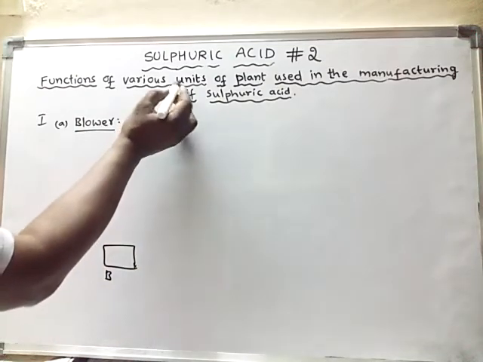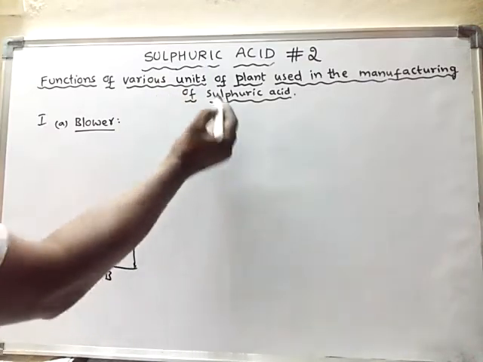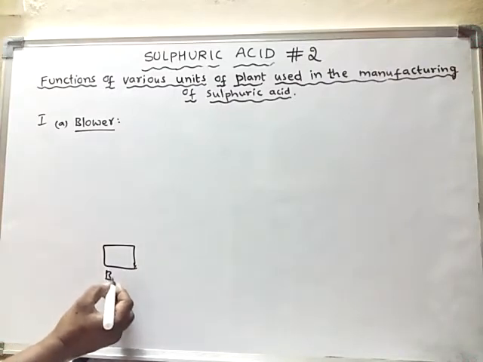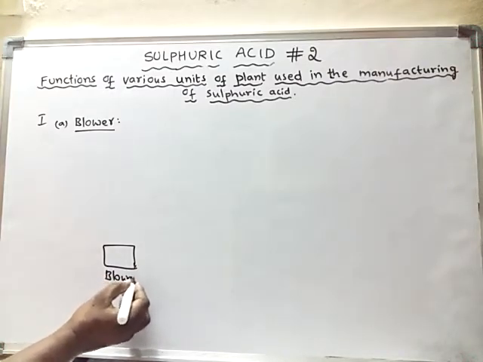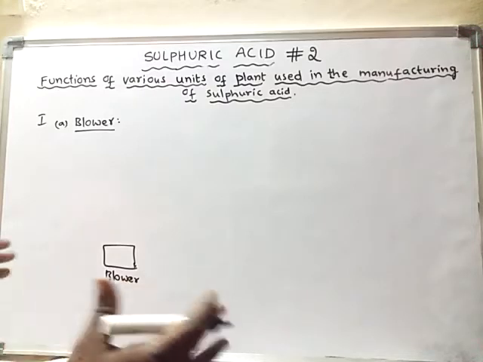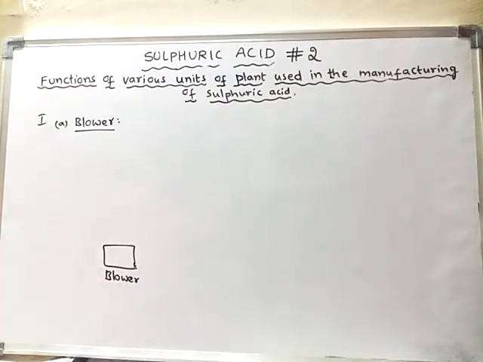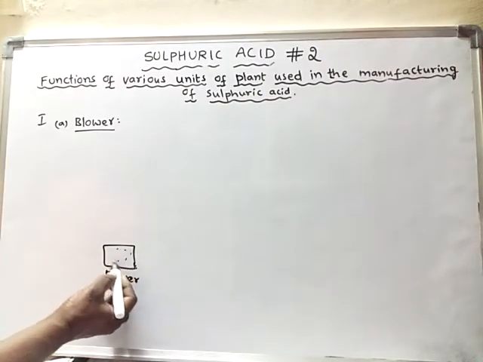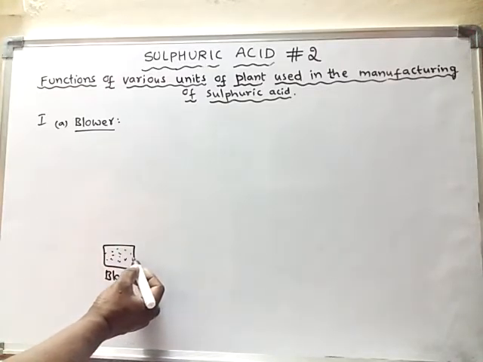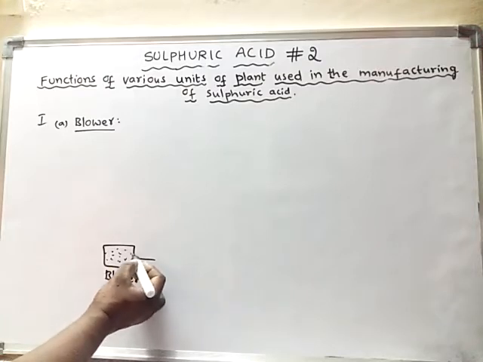So the first unit of this manufacturing of sulfuric acid is the blower. This blower will compress the air or oxygen to 2 atmosphere pressure. So now from this blower, this oxygen will move.